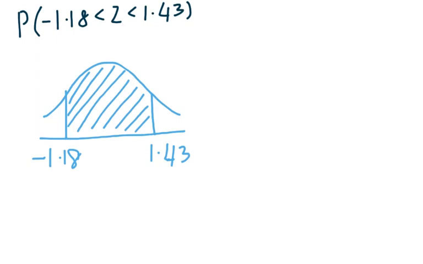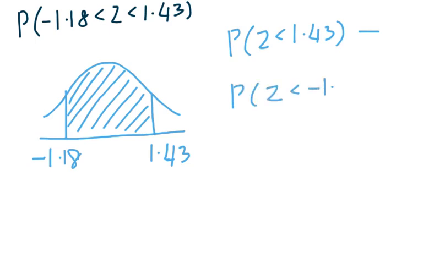So that is the probability of the middle: the probability of Z less than 1.43, minus the probability of Z less than negative 1.18. For Z less than 1.43, no issue, because it is a positive Z score.